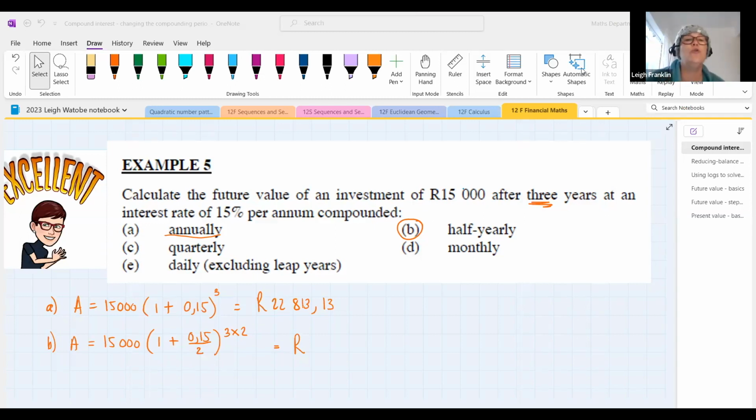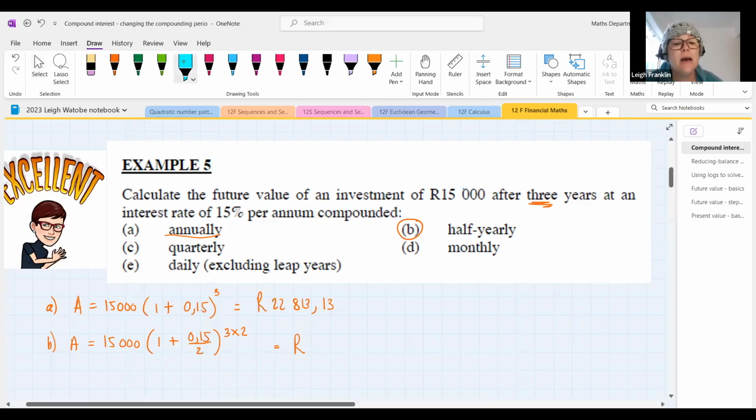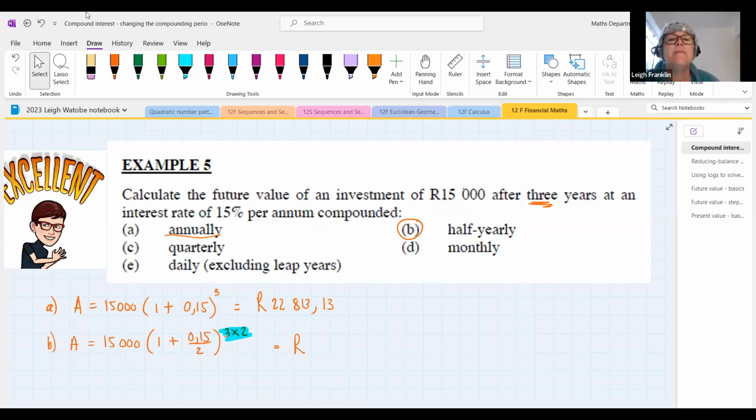Sure, I wanted to know why did I multiply my 3 by 2 in the case of this particular question? In the one above. Okay, because it is compounded half yearly, which means in a year it's going to be compounded 2 times for 3 years. Excellent. Good. Beautiful. I couldn't have said it better. So it's going to be compounded 2 times in a year for 3 years. So that's 6 times that it would be compounded in the period.